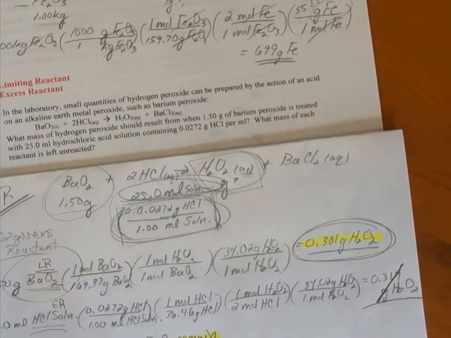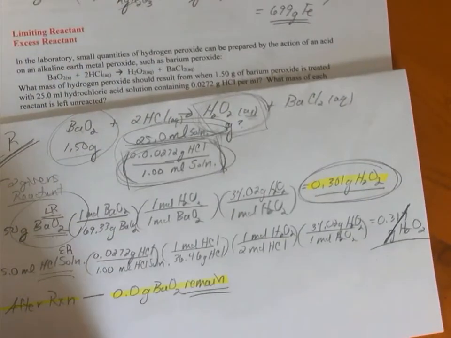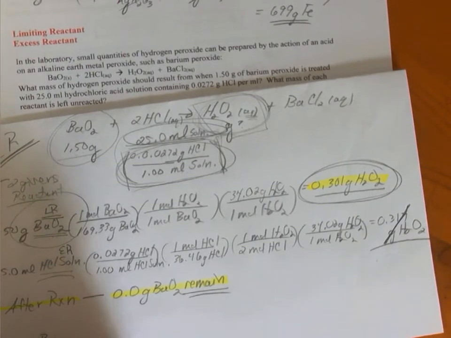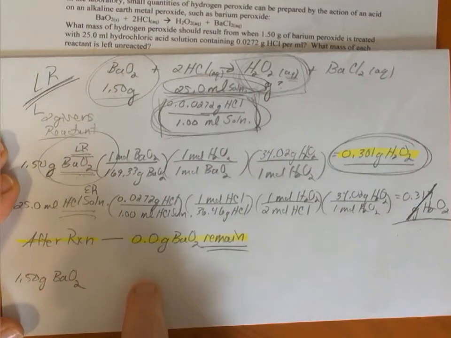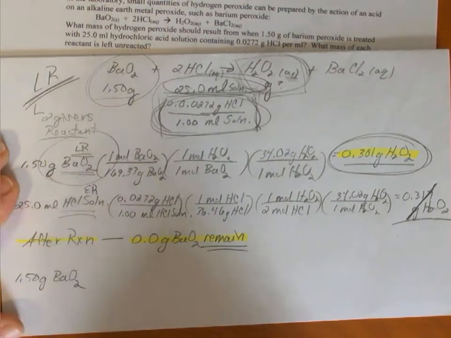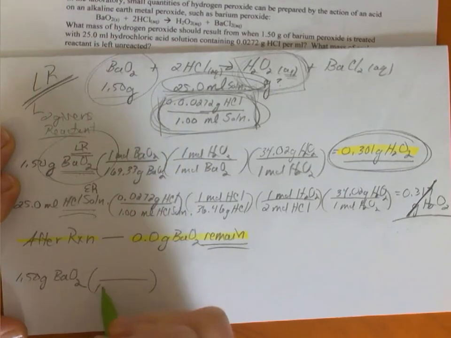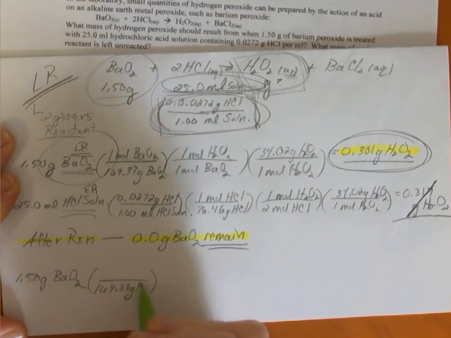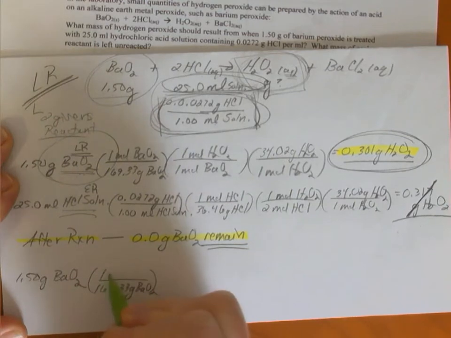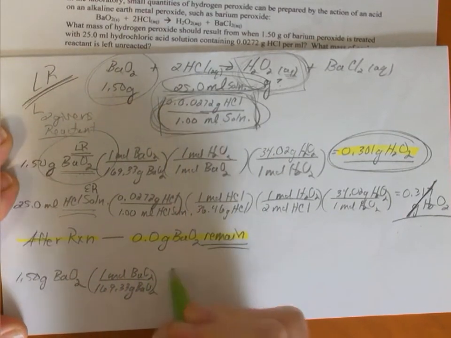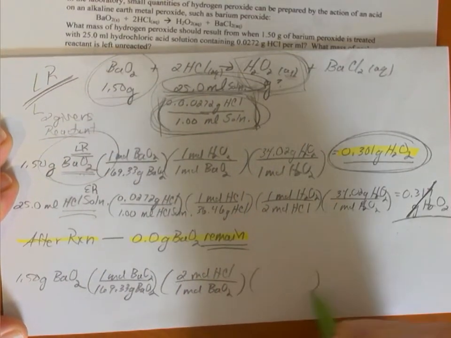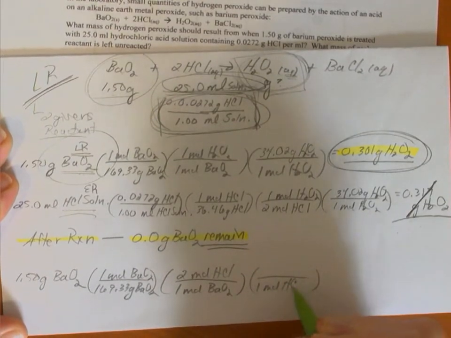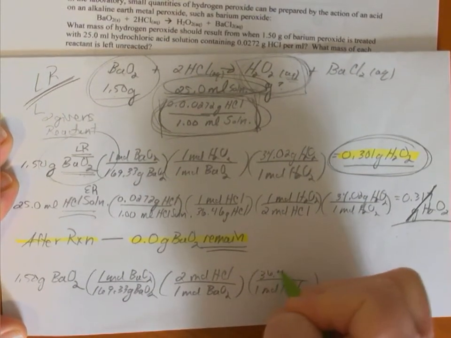So what I would do is a Stoich problem to answer, okay, I know all of this BaO2 will react. Well, how much HCl will end up reacting with that? And so, grams of BaO2 in 1 mole of BaO2, and then for every 1 mole of BaO2, I will react 2 moles of HCl, and every 1 mole of HCl is 36.46 grams.